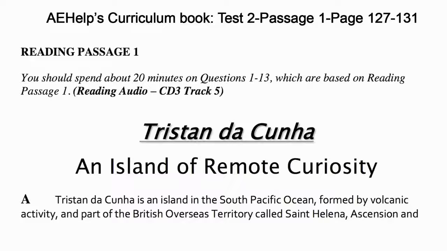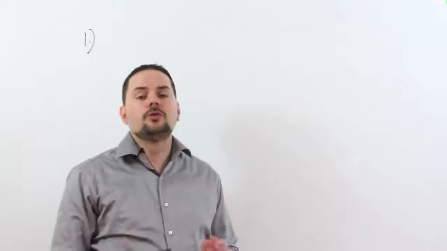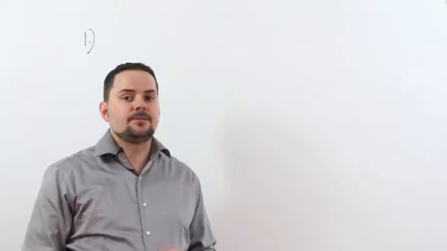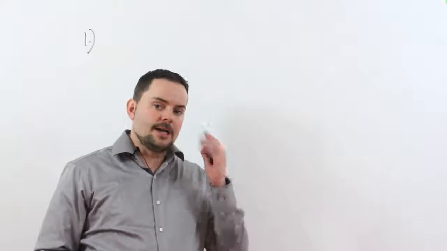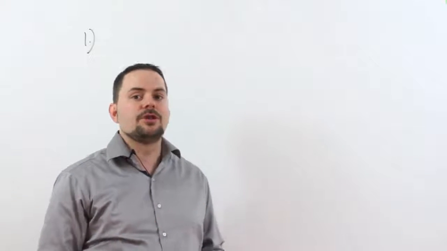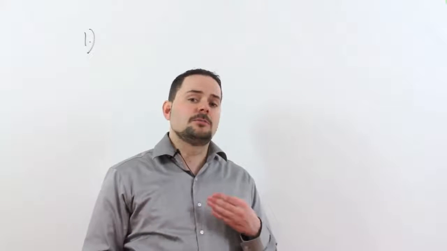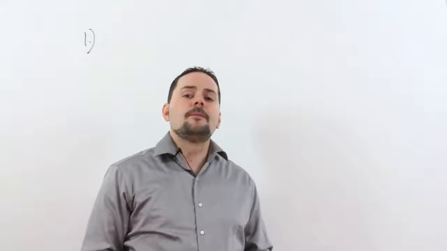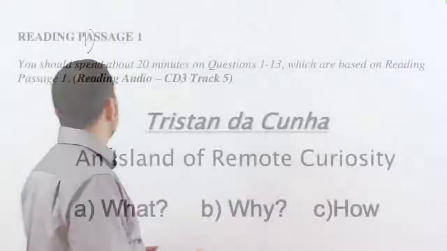So again, step 1 is to read the title carefully, try to understand the title, and then in your mind ask yourself the 3 important questions of critical thinking: what, why, how. Again, when you practice this, you can be very fast with it, and this should only take you about maybe 20 seconds.